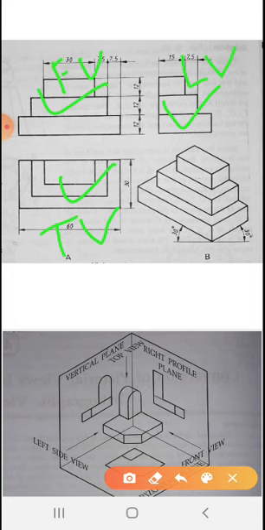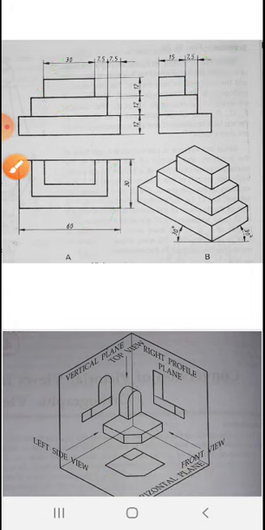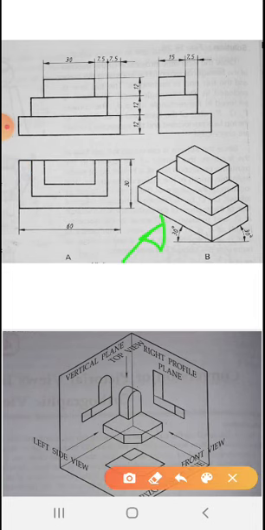These three planes of projection give the orthographic projection. If the object has to be seen from the front direction, it will be visible like this. So this is the front view.